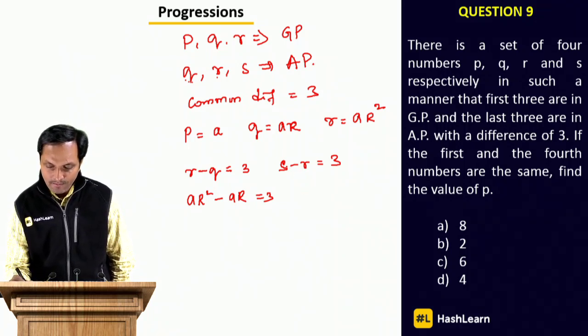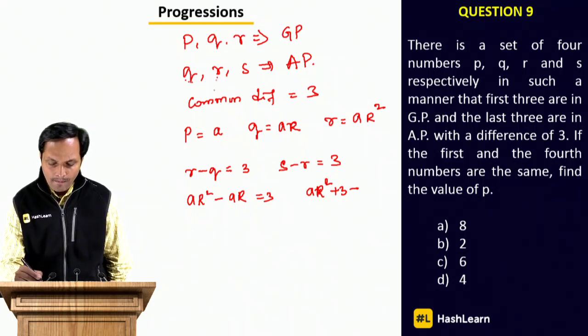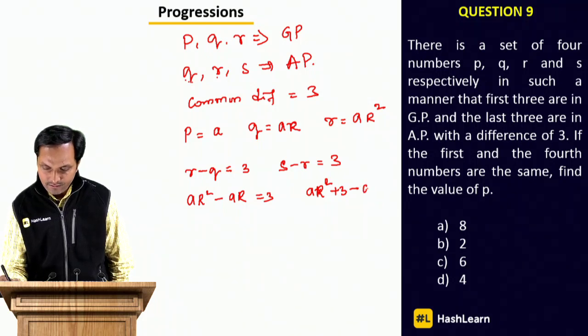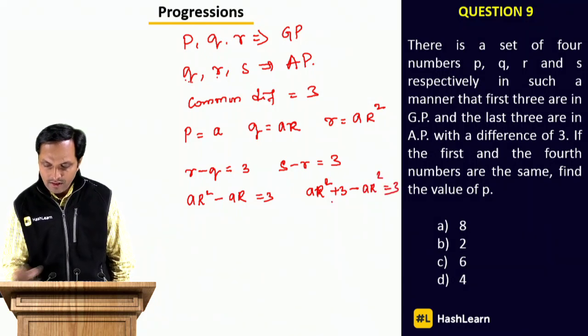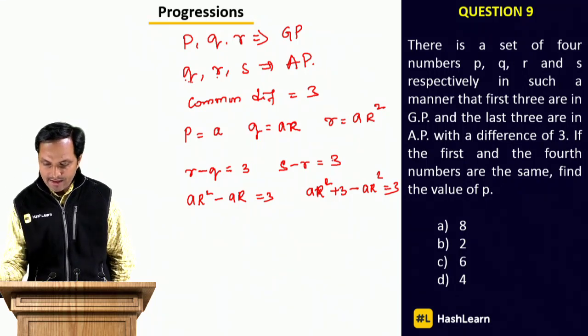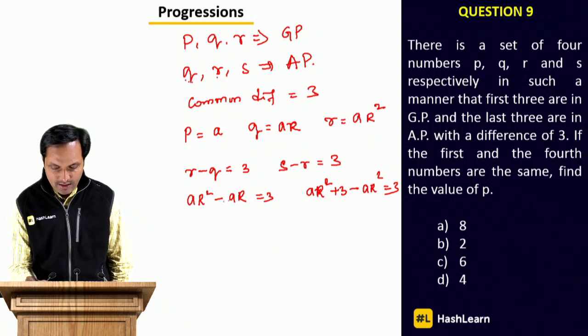So S minus R is ar² plus 3 minus ar², that cancels, and 3 is equal to 3, which is justified. This gives you a(r² - r) = 3.